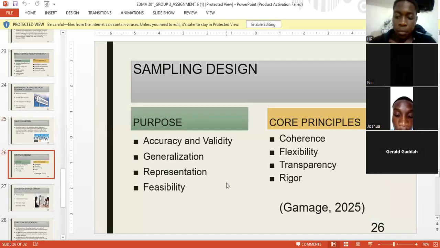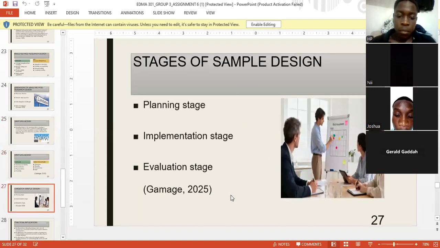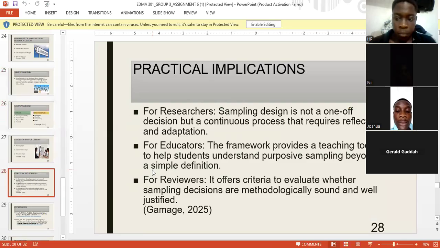It has a purpose and a core principle. The first one is accuracy and validity, and it goes down to the stages. Then finally, we have the practical limitations. It says for researchers, sampling design is not a one-off decision, but a continuous process that requires reflection and adaptation.